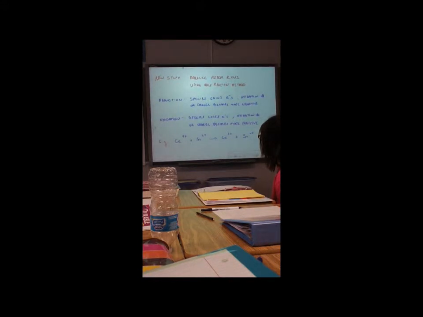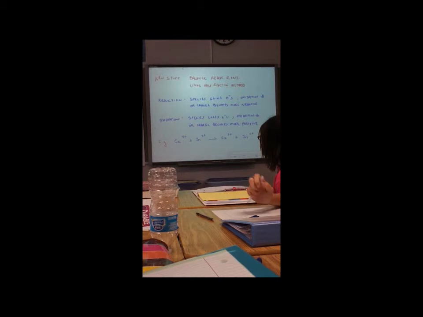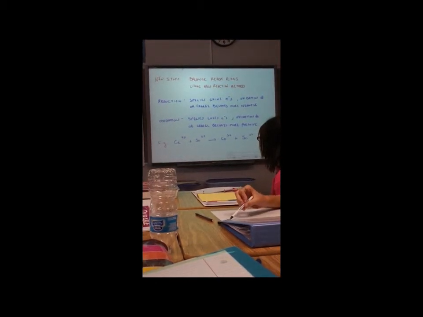Oxidation means that you have a species that has an increase in its oxidation number or charge, and that happens when it loses electrons. So if we look at the group 1 metals that as neutral atoms have charges of 0, they will readily give up an electron and form ions of a +1 charge.